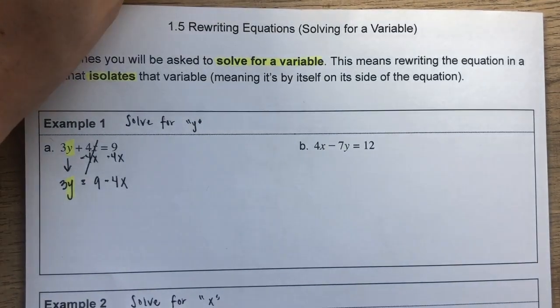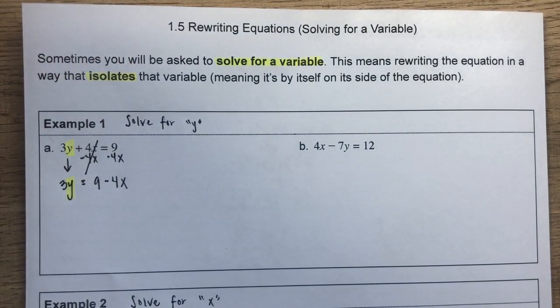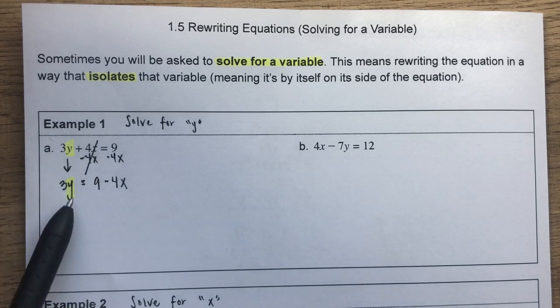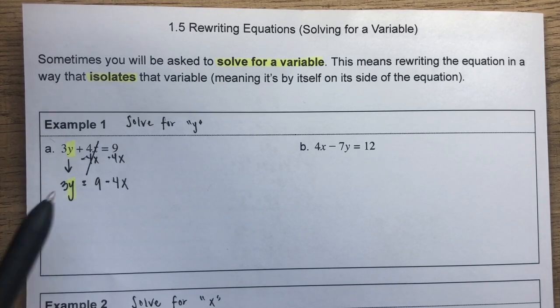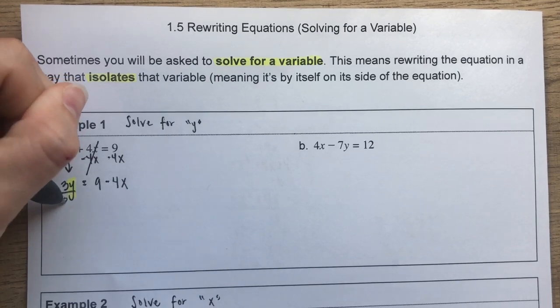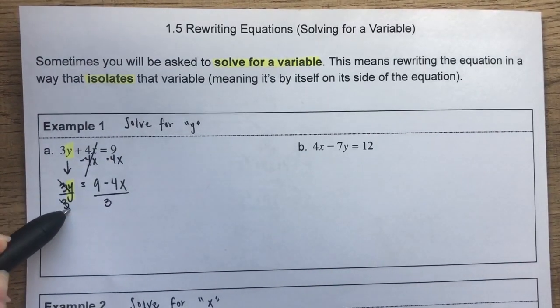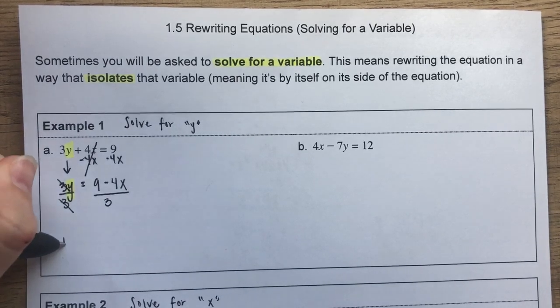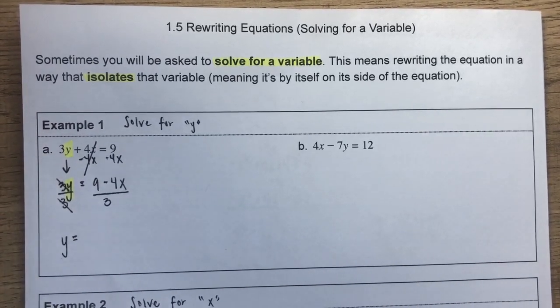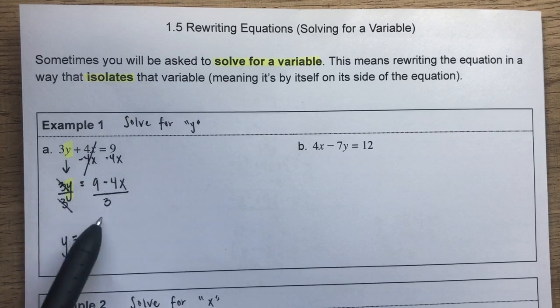Same thing, I want to get y by itself alone on its side of the equal sign. So to undo multiplying by 3, I can divide both sides by 3. Multiplying by 3 and dividing by 3 undo each other, so I'm left with just y equals on the left side. And then I can't simplify this really.